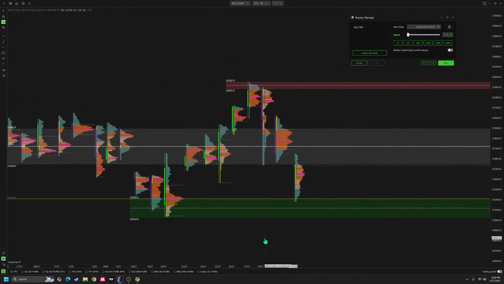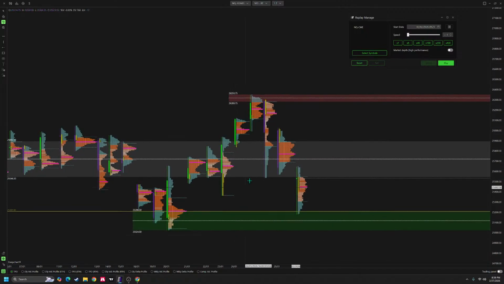So these are the levels of interest. The area I'm going to stay away from is this middle area right here. I want to maybe take some trades out of this area, but I kind of want to stay out. I don't want to take any trades in this area. I don't know, because this was such a big value area, I may even consider shortening that up, making it a little bit smaller.